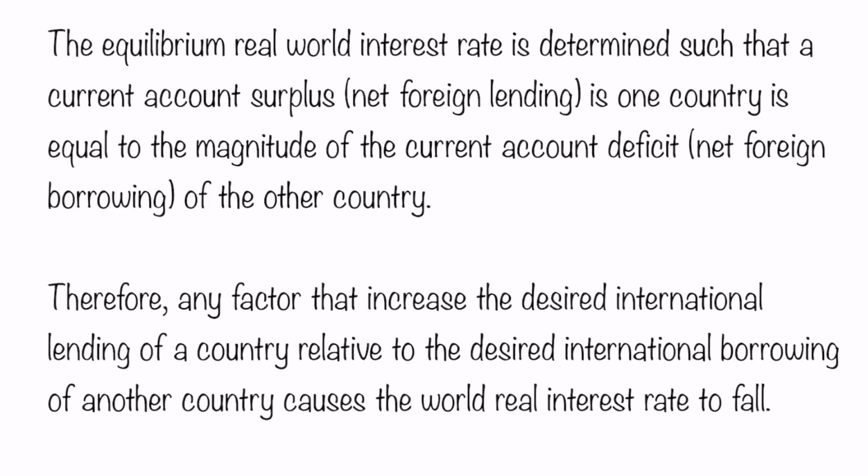So the equilibrium of the real world interest rate is determined such that a current account surplus, that is, net foreign lending in one country, needs to equal the magnitude of the current account deficit of the other country. Therefore, any factor that increases the desired international lending of a country relative to the desired international borrowing of another country will cause the world interest rate to fall.